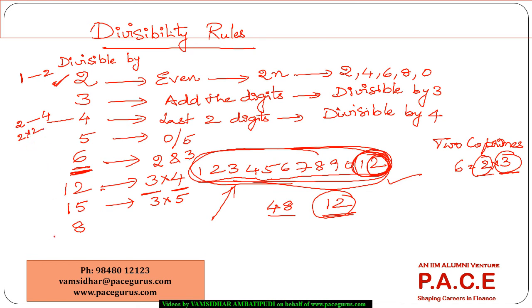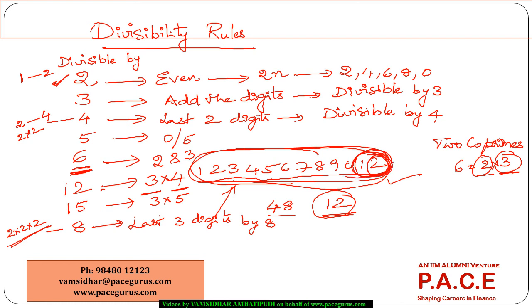Whereas 8 is nothing but 2 into 2 into 2. So the rule for 8 is the last three digits. If the last three digits are divisible by 8, then the whole number is divisible by 8.